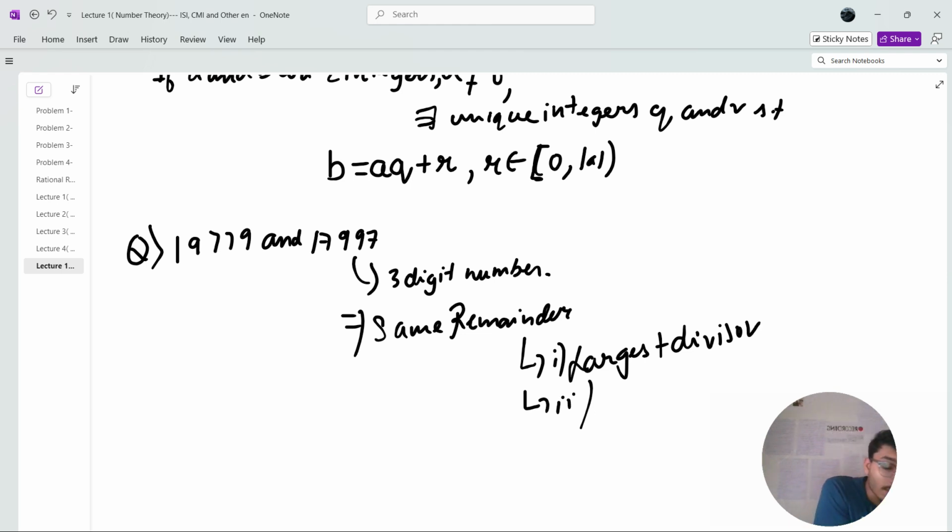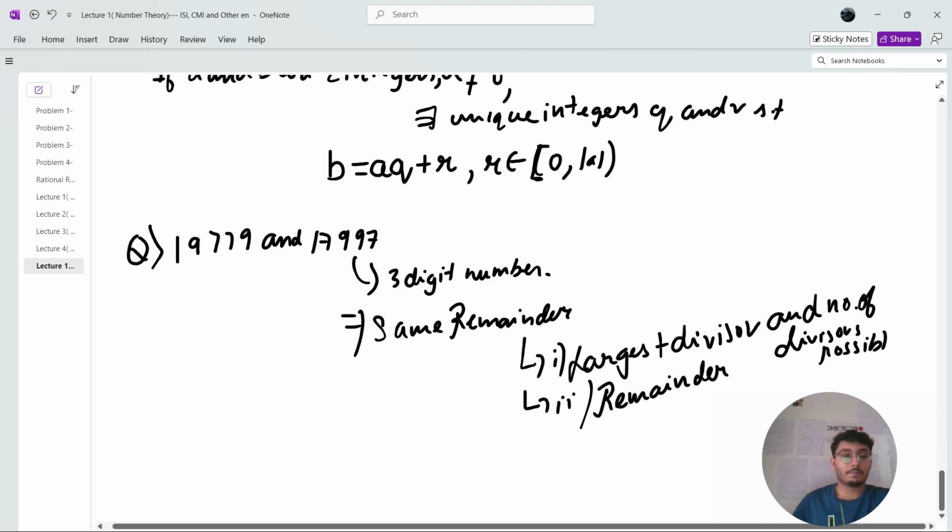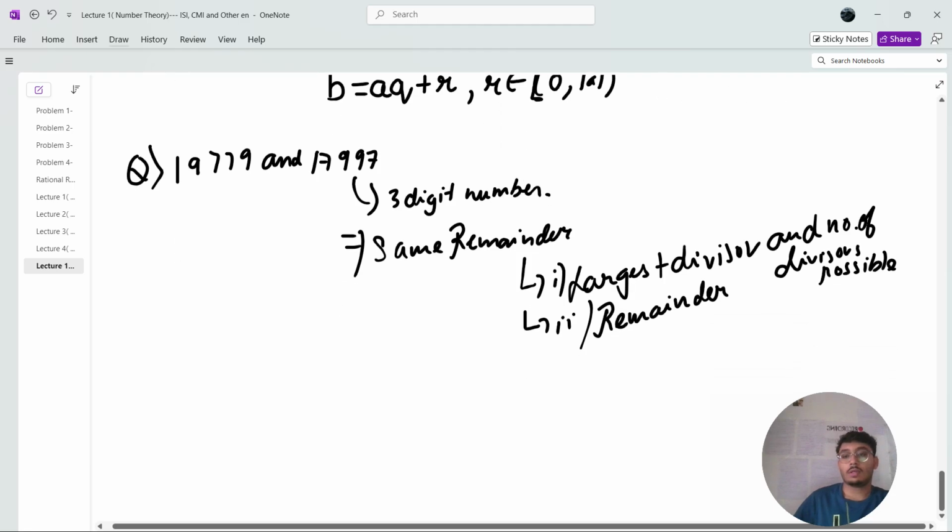Second is the remainder, and also the largest such divisor and the number of divisors possible. Nice question, good one.